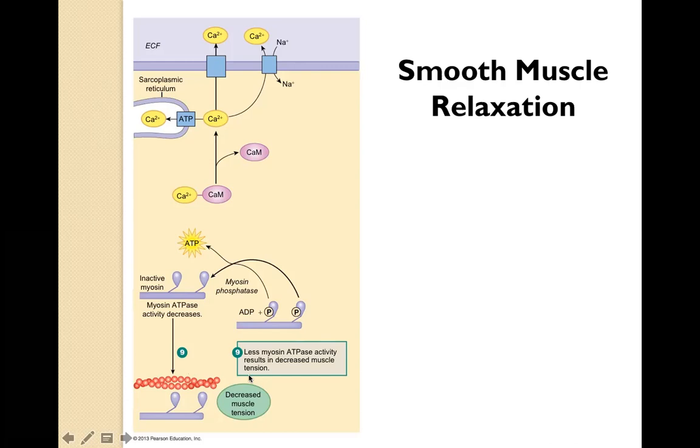So make sure you really understand that process. It's an extremely important one to know. It's going to come back in our respiratory section when we talk about bronchial smooth muscle contraction. It's the exact same process. Any smooth muscle contraction you have in your body, same process to this.